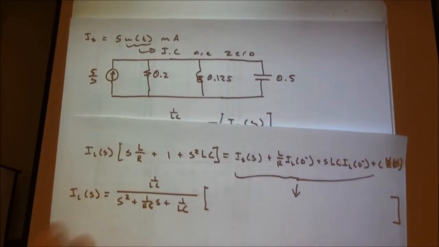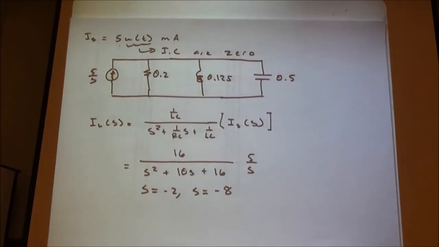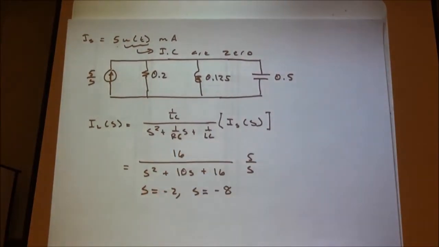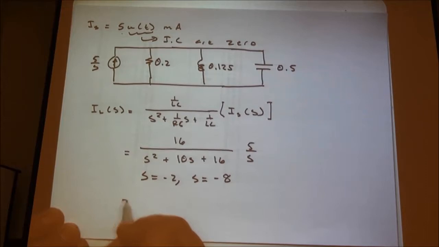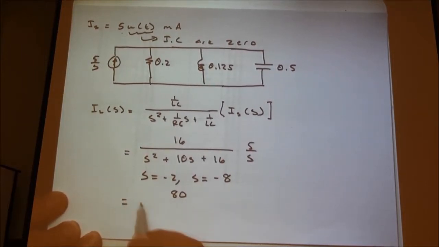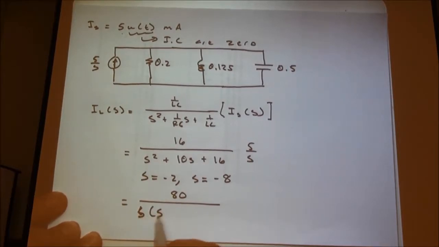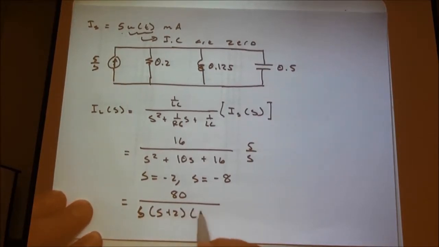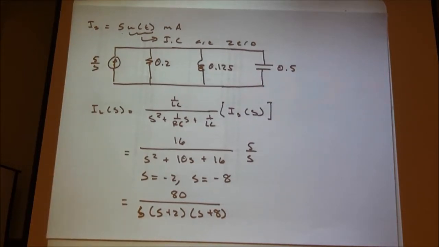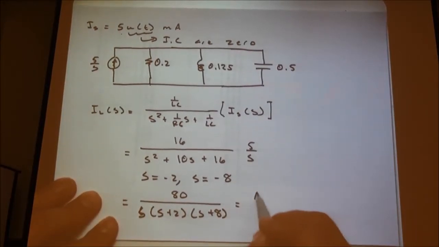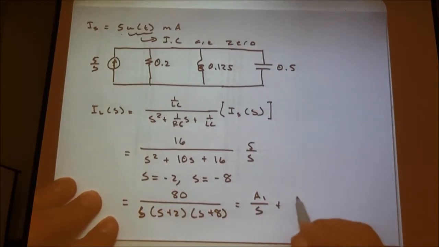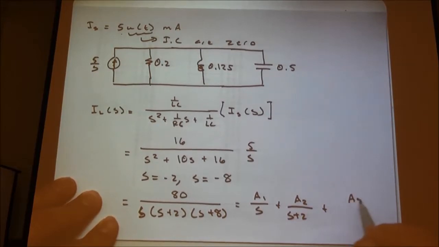That's a C, by the way. So, partial fraction expansion, or to write this out, we have 80 over (S plus 2)(S plus 8) equals A1 over S plus A2 over S plus 2 plus A3 over S plus 8.